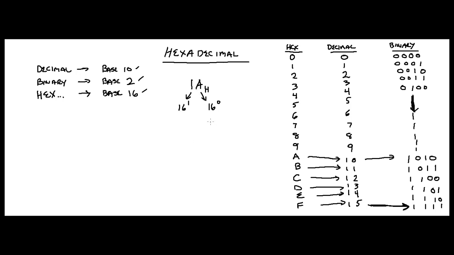So this is going to be 10 times 16 to the 0. And this will still be 1 times 16 to the 1. 16 to the 0 is 1, so it's just going to be 10 times 1, which is 10, plus 1 times 16 to the 1. 16 to the 1 is just 16. This is going to equal 26 base 10, right?